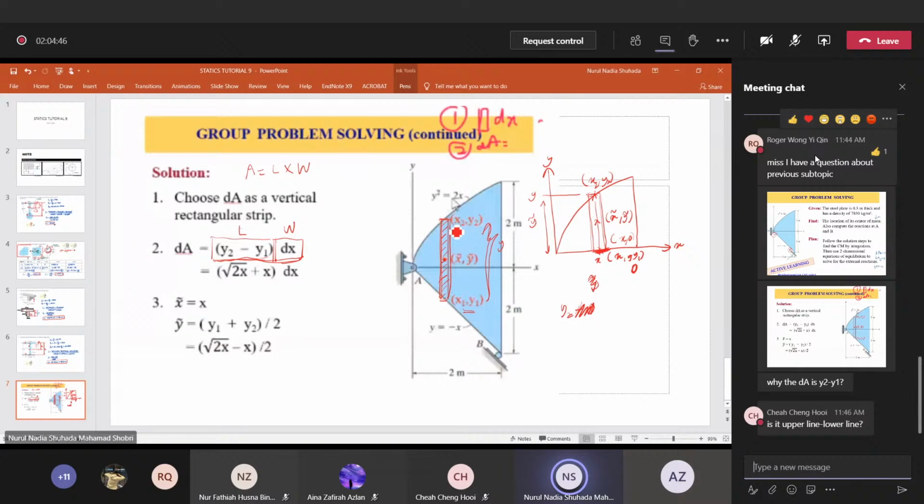To find the length of this rectangle, that's why you have to put the value y2 minus y1. For example, if here is x2 and here is x negative 2, the length would be 2 minus negative 2, which gives 4. So the total length here is 4. Are we clear?